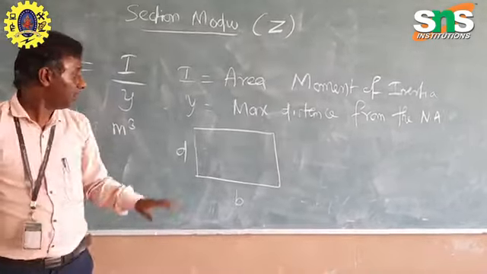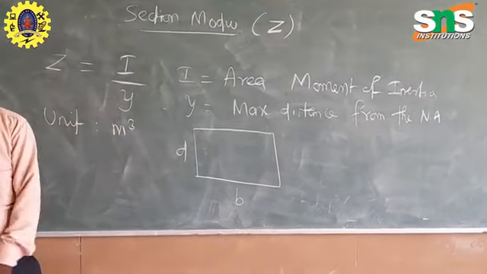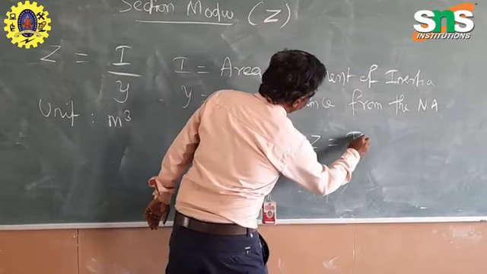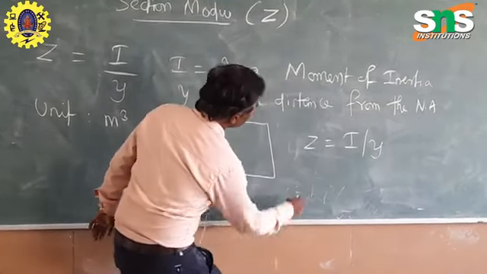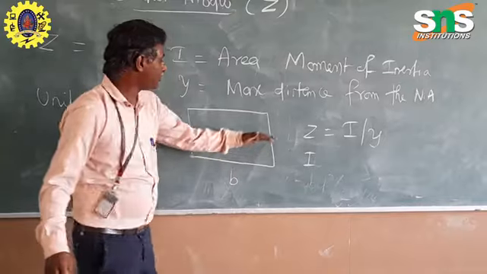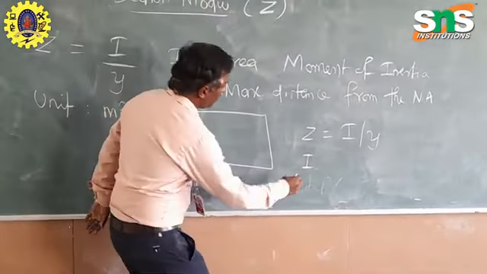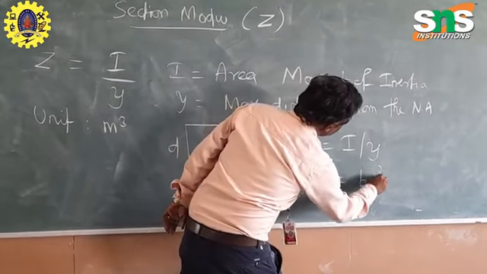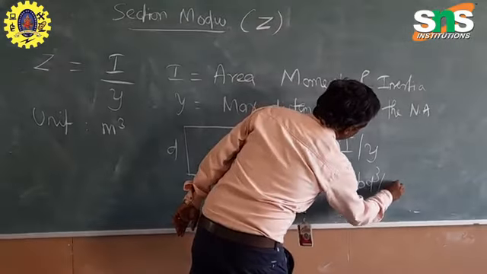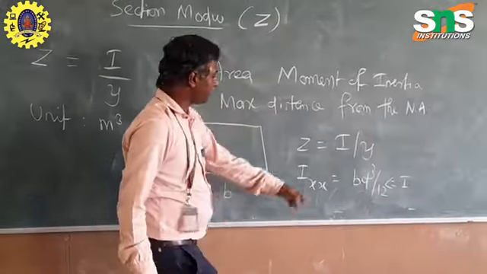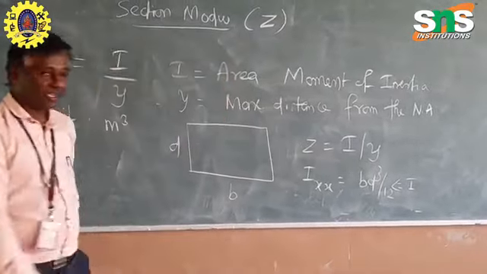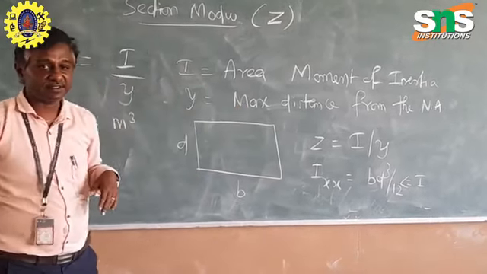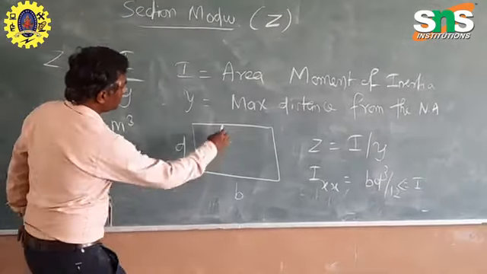For this case, what will be the section modulus? The section modulus is equal to I by y. Let's take the expressions: I x is equal to b d cubed by 12. And what is the y value? I told you this is the maximum distance from the neutral axis.